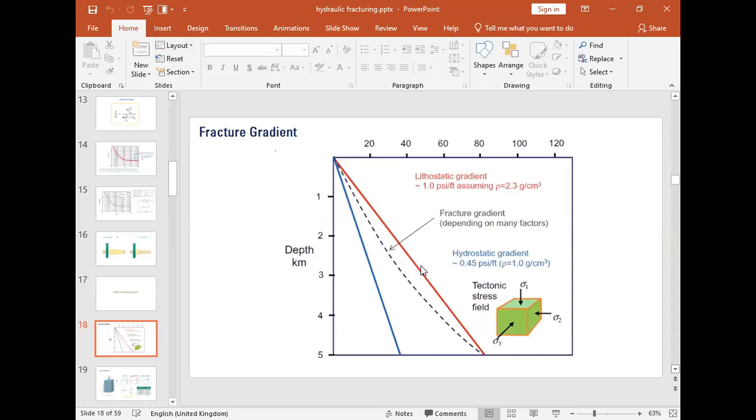This geomechanical aspect, even though it is outside what we are discussing now, is also very important in our drilling activities, because they always have what we call the mud window. This is a term used in drilling.